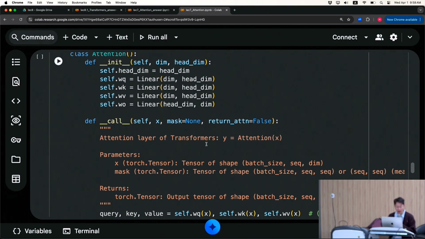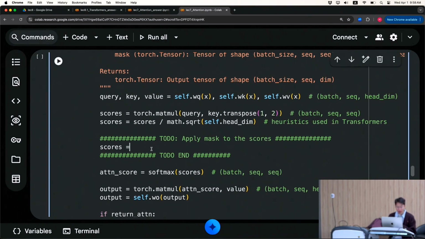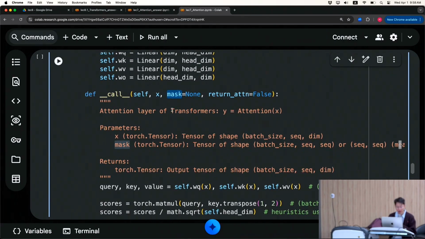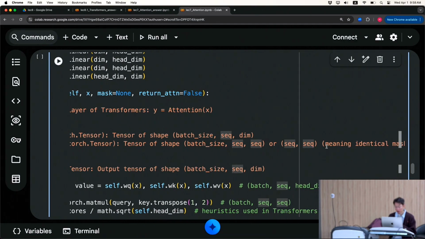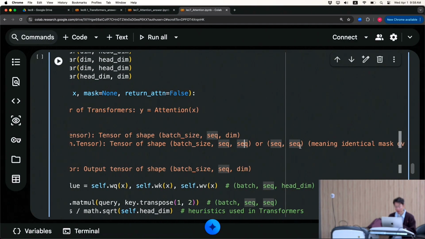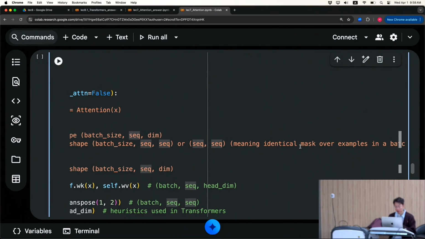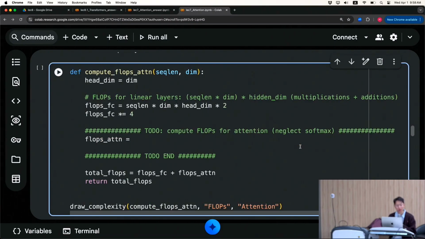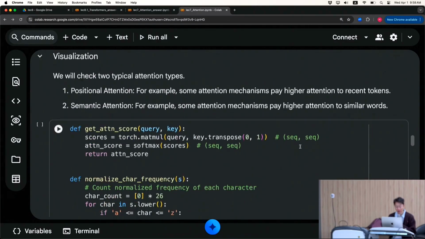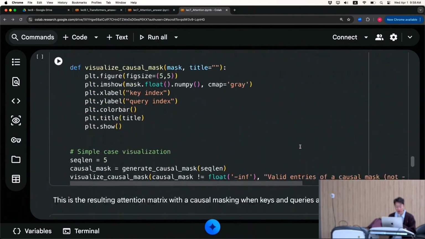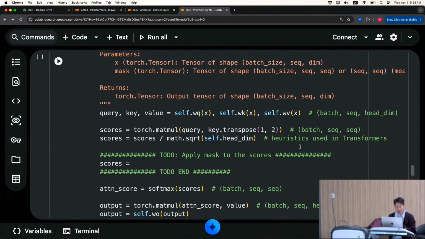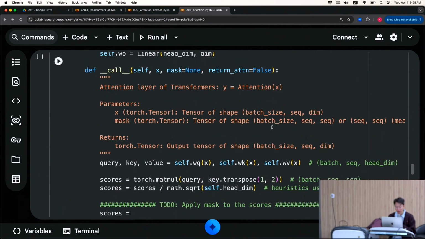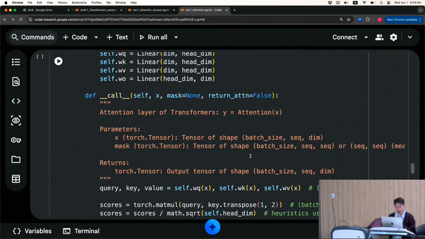this is the same attention class that we implemented, but here we have one extra step. It's going to receive a mask of size batch size by sequence by sequence, or it could be sequence by sequence, because we do not need to apply a different mask for different batch elements. Depending on use case, it's simpler to just receive an input of size sequence by sequence.